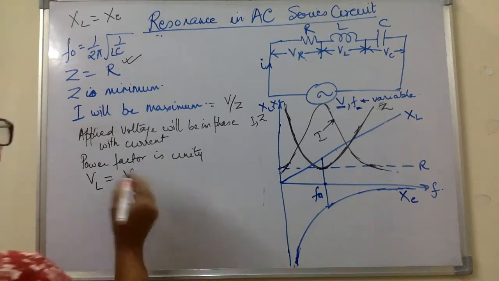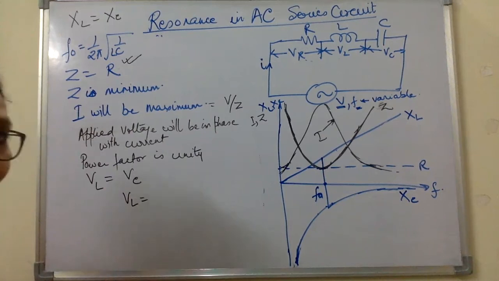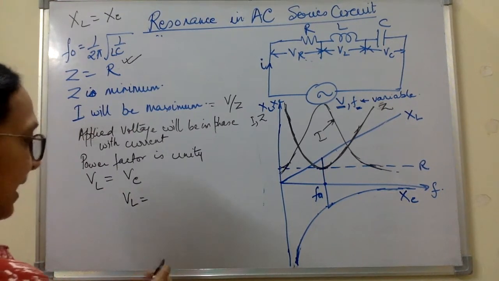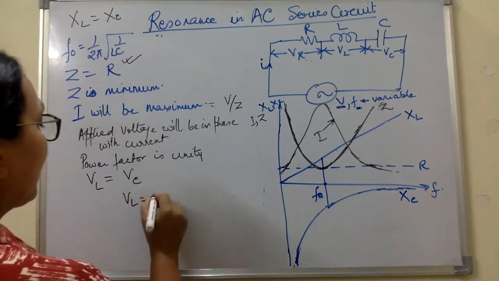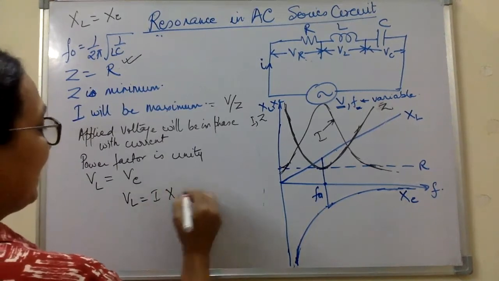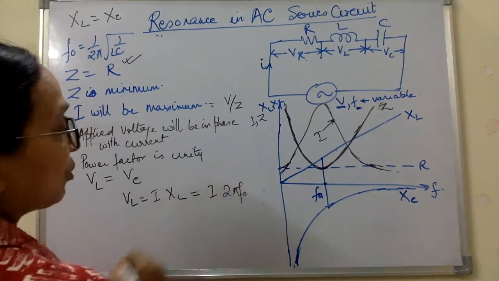We'll try to understand how. So the voltage across the inductance will be given as I into XL. And what is XL? XL is nothing but 2 pi F0 L, because we are talking about resonance.